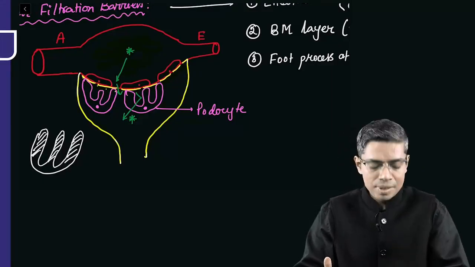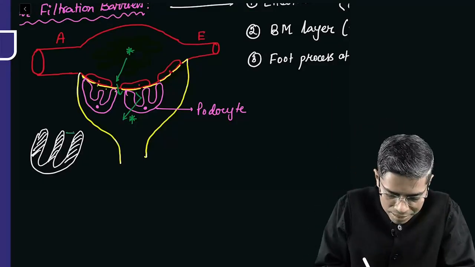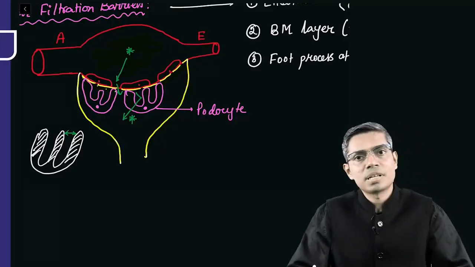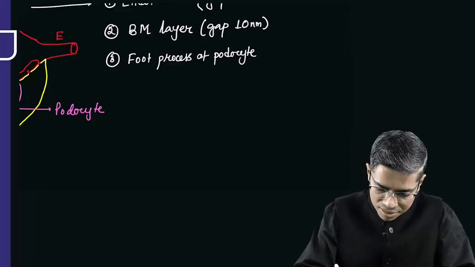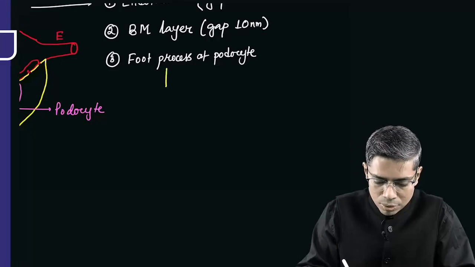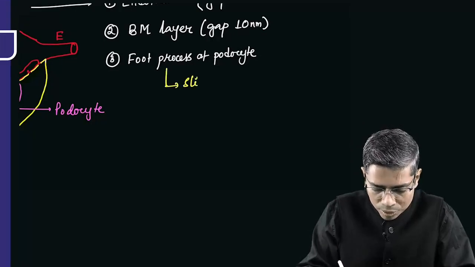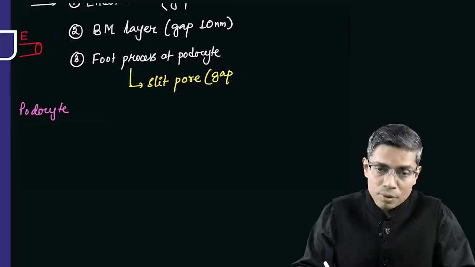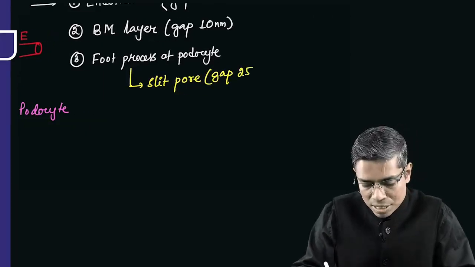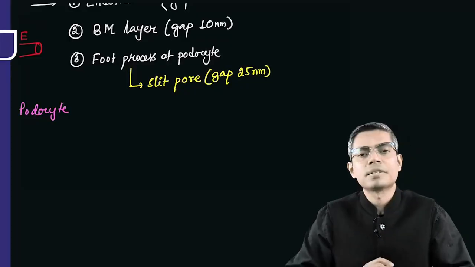So if I ask you, what is the gap which is present in between these two foot processes of podocyte? This gap is known as filtration slit or this is also known as slit pore. The gap which is present in this slit pore or filtration slit is 25 nanometer.